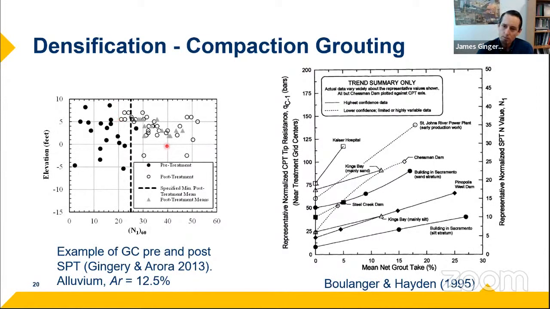That's why in this project, we were using this running average mean to make sure that the running average was greater than a threshold value, which in this case was 25. So if you're writing specifications for projects, I encourage you to use an averaging scheme so that one blow count doesn't trigger remedial action, when it doesn't really matter as long as your averages are okay.